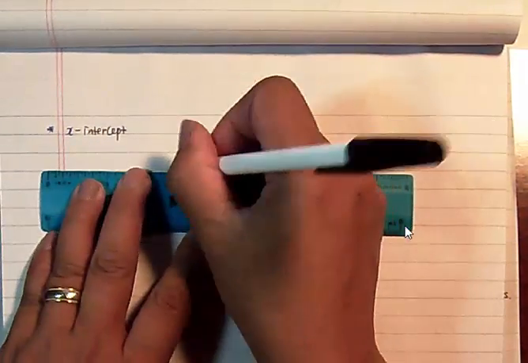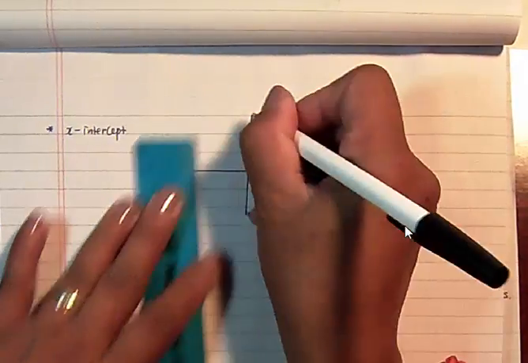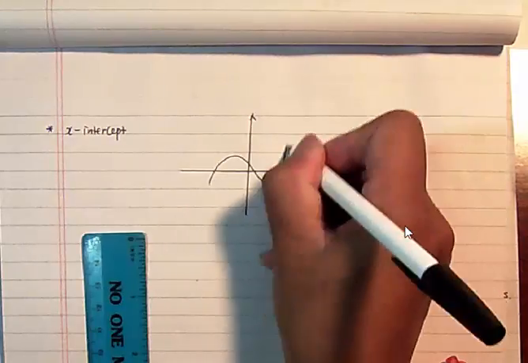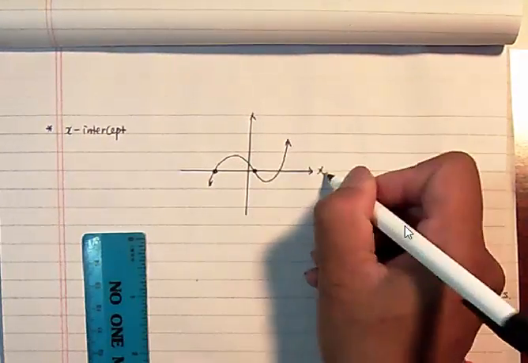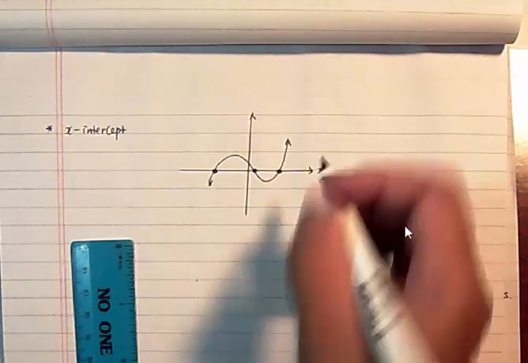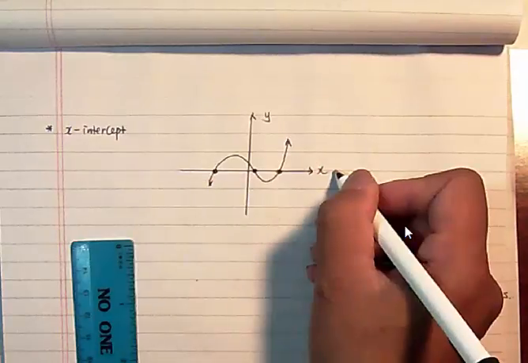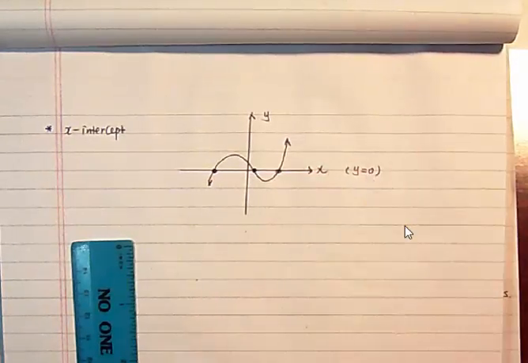So take a look at this. Those points intersected at the x-axis, they call x-intercepts. And also we learned that on the x-axis, all the y values are equal to 0.